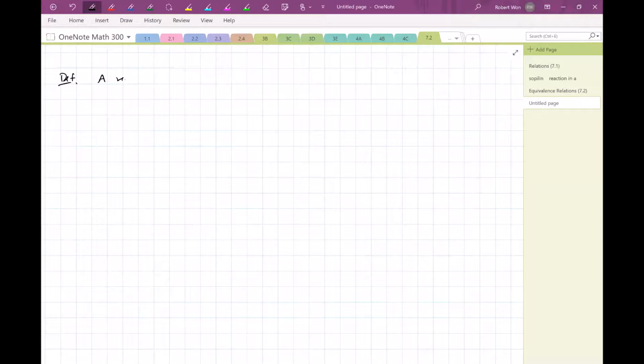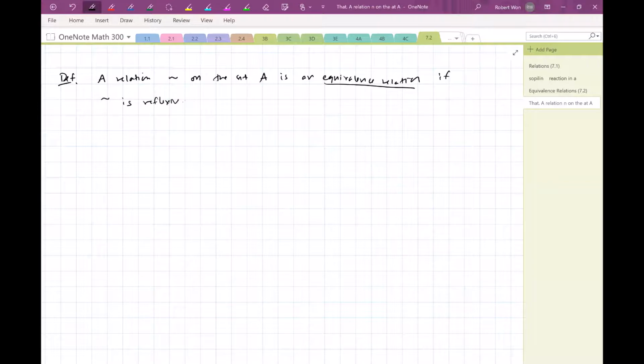So a relation, now I'll use this generic symbol, tilde, on the set A, is called an equivalence relation if tilde, this relation, is reflexive, symmetric, and transitive.